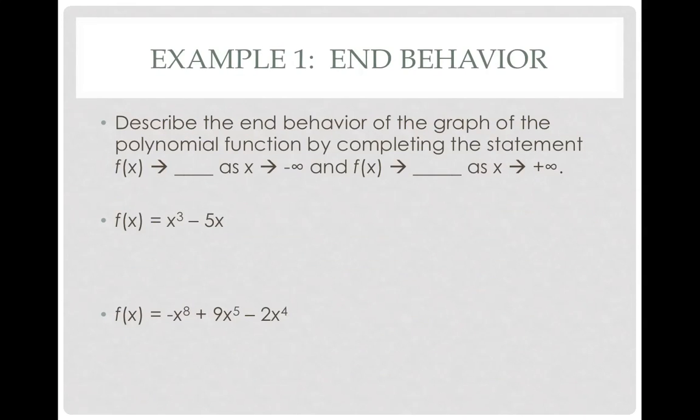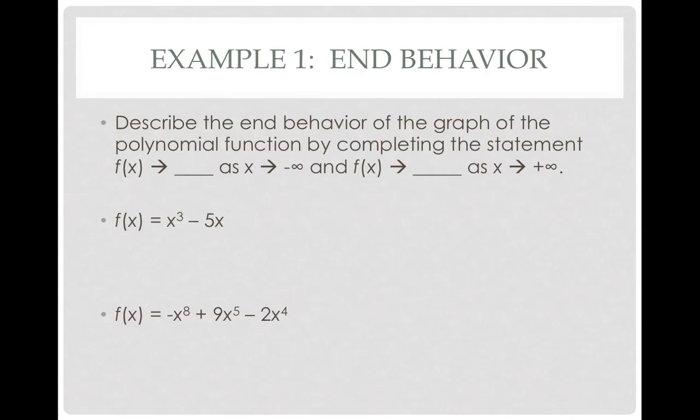All right, so if we're just looking at end behavior, we want to be able to describe the end behavior of a graph of the polynomial by completing this statement. F of x goes where as x goes to negative infinity, so what's happening on the left side, and f of x goes where as x goes to positive infinity, what's happening on the right side.